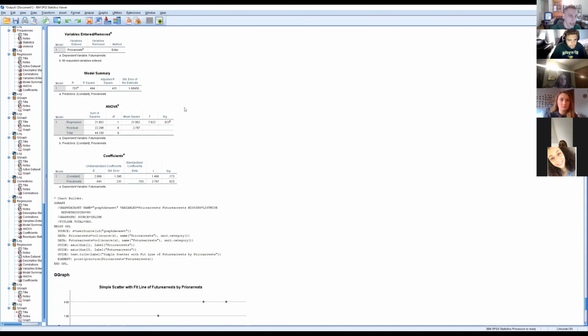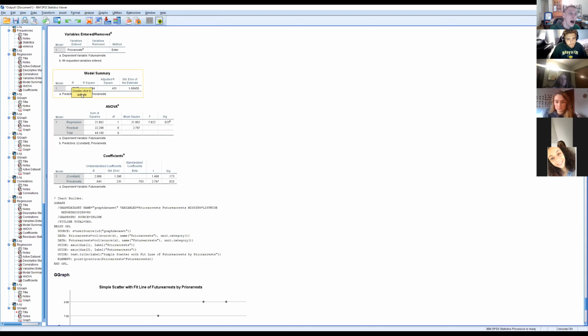What we want to take a look at is when we come down here where it says model summary. Okay, so let's talk about that last thing that I mentioned on the slideshow first, that R squared stat, the coefficient of determination. So we come up here, we see just flat out R, right?